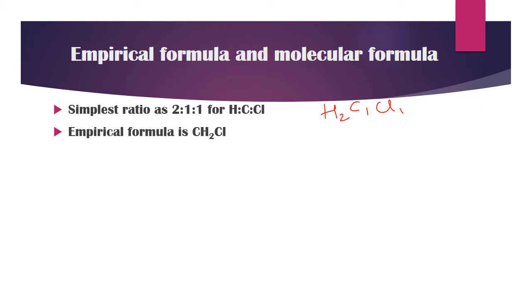Now we know the empirical formula, so we need to start calculating the value for N. N is equal to molar mass by empirical formula mass. Now molar mass is already given in the question. We need to calculate the empirical formula mass.